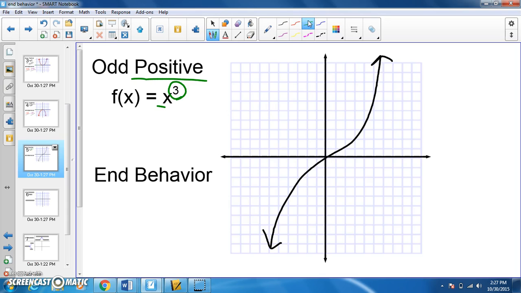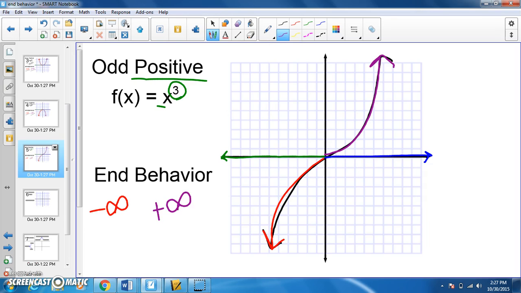As our values of x approach negative infinity, our values of x cubed are approaching negative infinity also. As our values of x are approaching positive infinity, our graph is approaching positive infinity also.